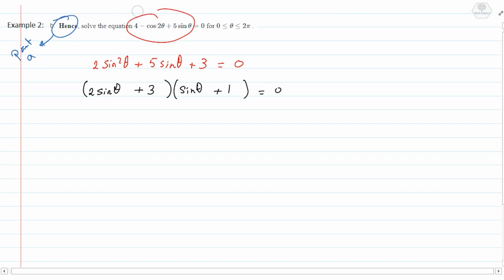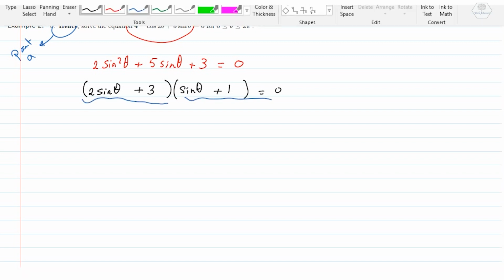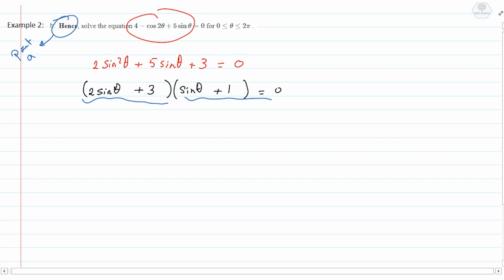Now I'm having two equations. This is the first one and this is the second one. So let's split them up. The first one: sine theta is equal to minus 3 over 2. The second one: sine theta is equal to negative 1.